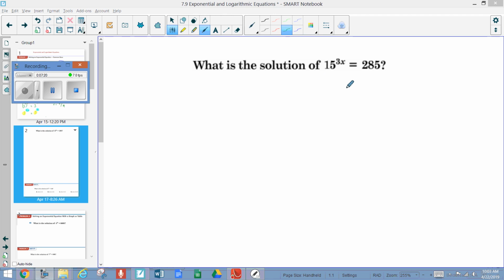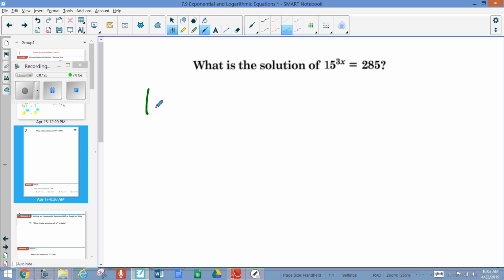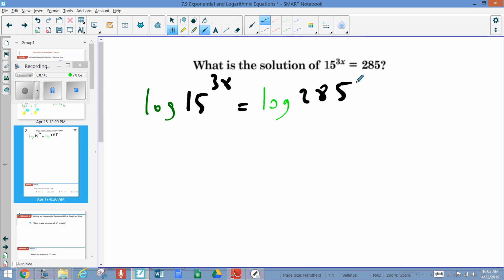We're not able to write them in the same base. So that's why, in this case, I'm just going to add logarithm to both hand sides. All right, when you see the black handwriting, those portions are the same. 15 to the power of 3x is equal to 215.